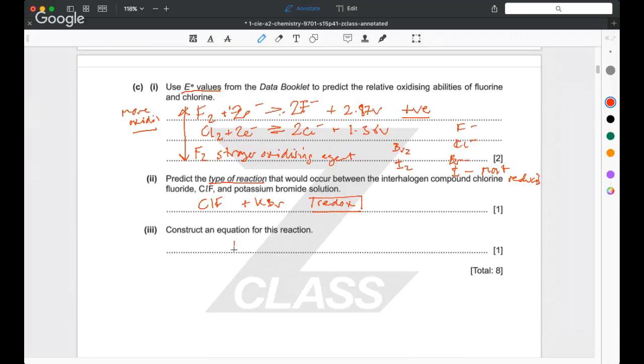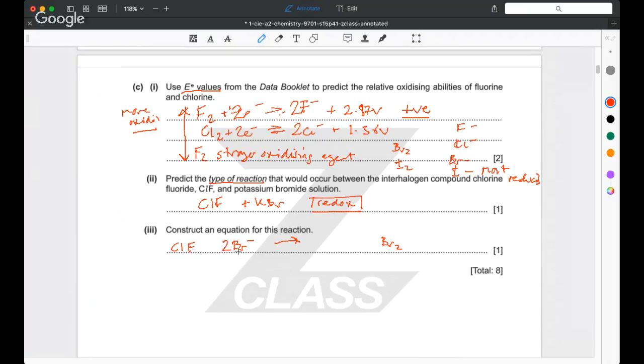Well, you've got the bromide ion, and we know from up here that it's reducing, which means itself is going to be oxidized, isn't it? Okay, so you can see there the oxidation number is going up. Bromide ion is being oxidized to bromine. And then you've got these two here.